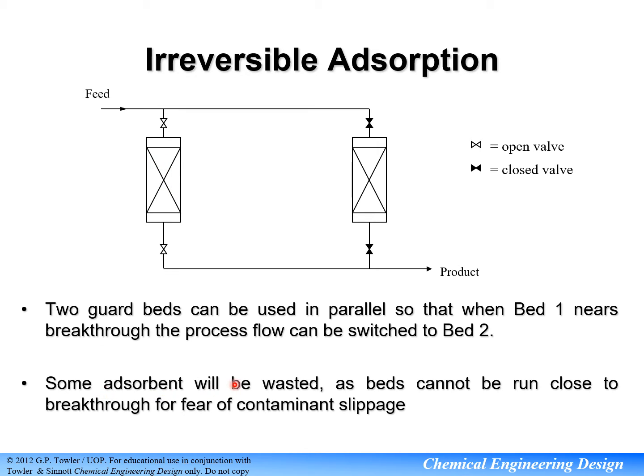Some adsorbent will be wasted, as the bed cannot be run too close to breakthrough for fear of contaminant slippage. So normally the beds will be run only approximately to breakthrough, which means approximately achieving equilibrium.